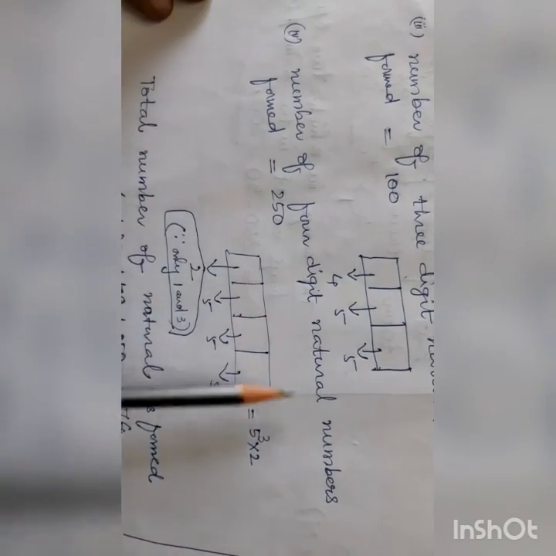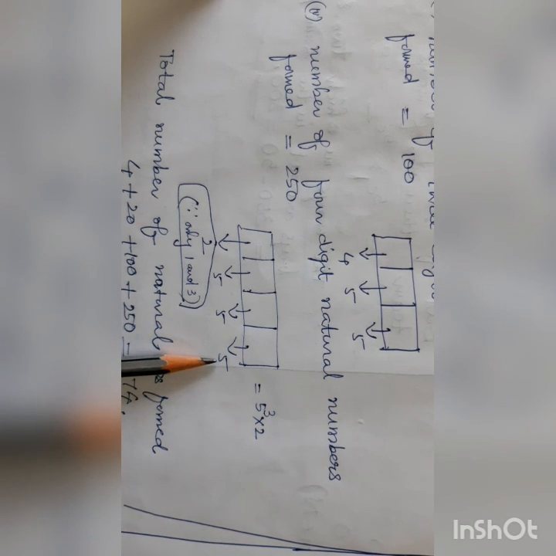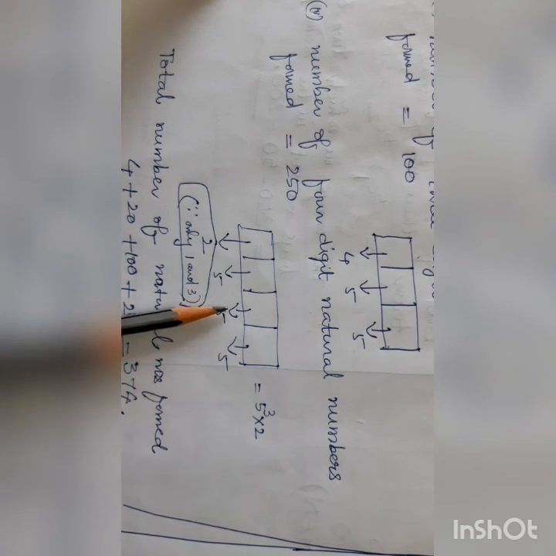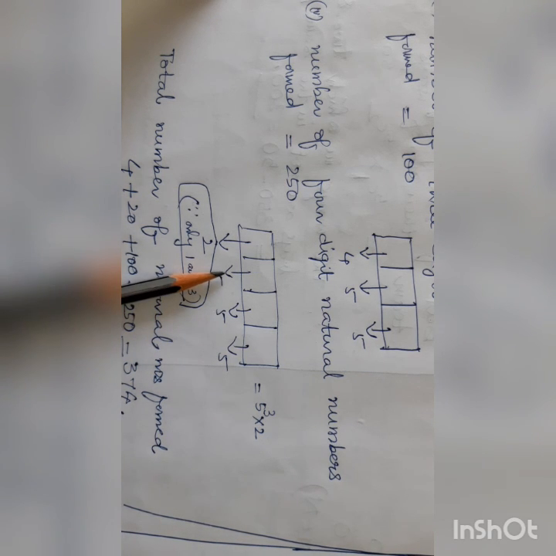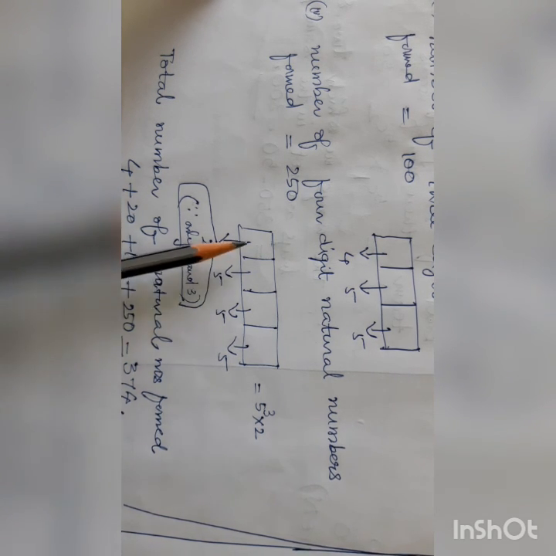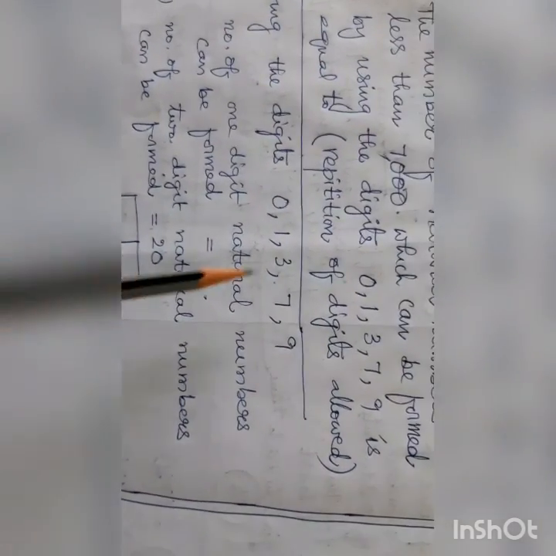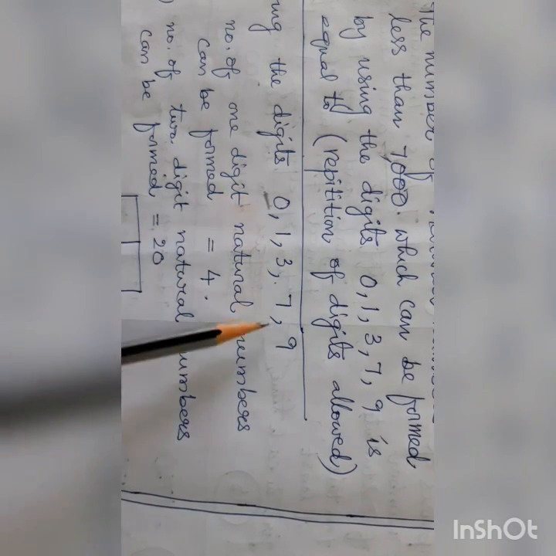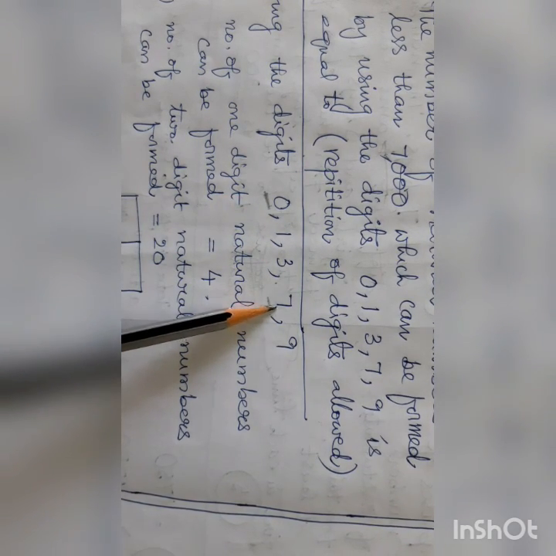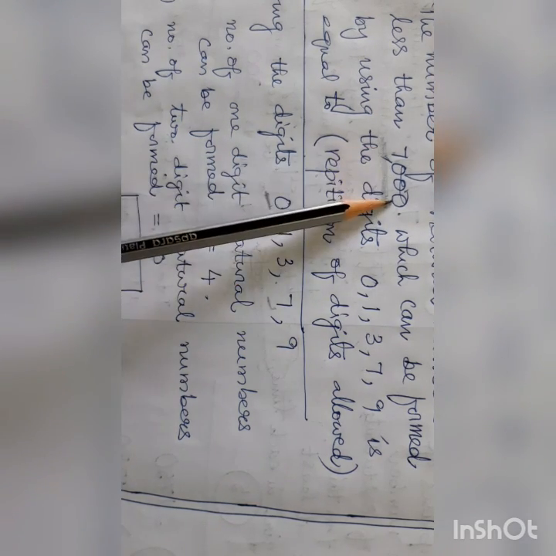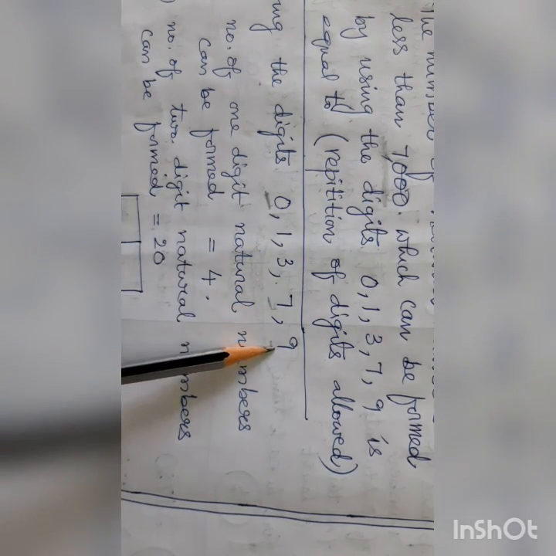Case 4: the number of 4-digit natural numbers formed. In the other places, 5 digits including 0 we can keep. But in the first place, only 2 digits we can use, 1 and 3. 0 we can't keep. 7 if we keep, more than 7,000 will come. 9 we can't keep either, more than 7,000 will come.